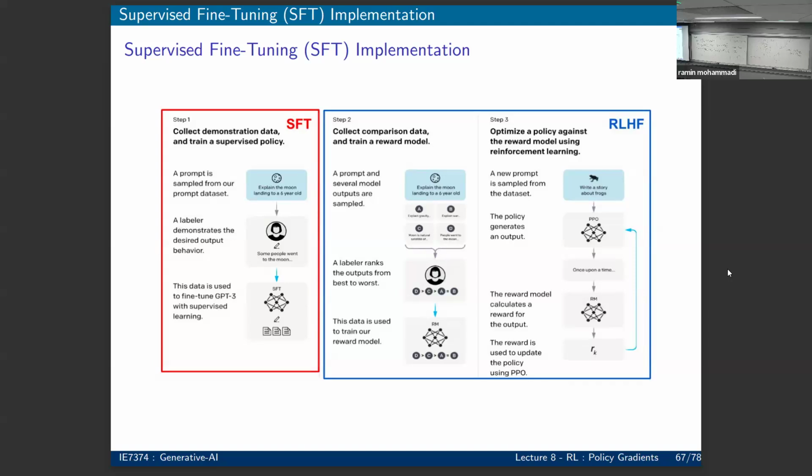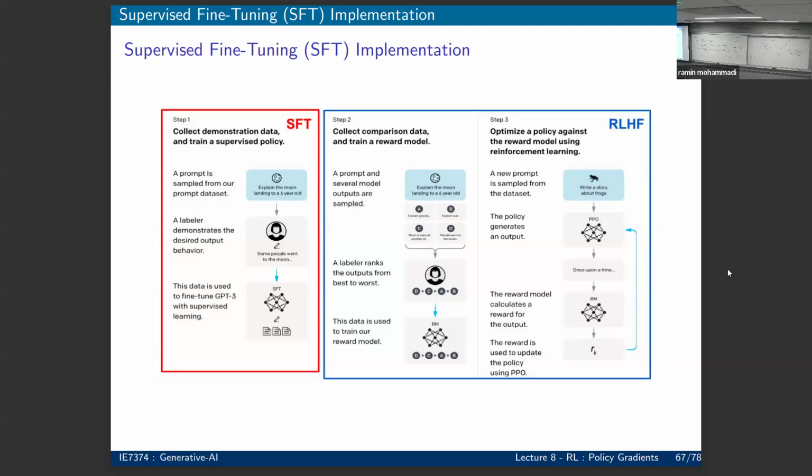And that's the reward that you saw before. This is the same reward, the one the model produces. How good is this action? An action here is whatever is generated.